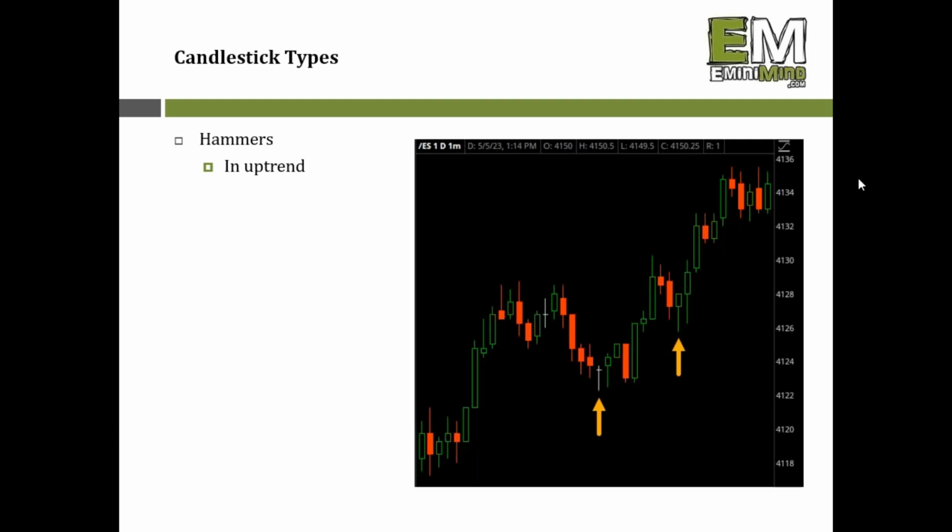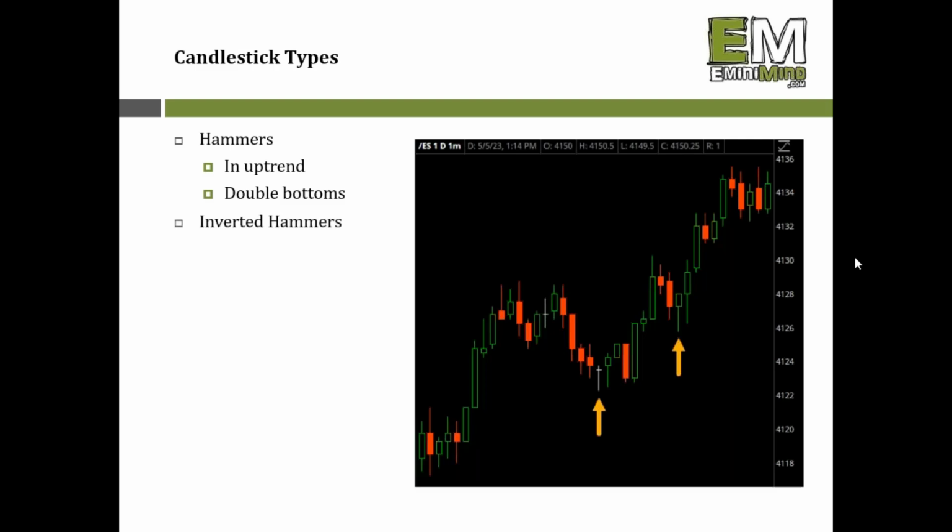You want to be, just as Price was saying in the last presentation, going with the trend. And so looking for things like double bottoms, uptrends, the context of the bigger picture before you start looking for those hammer patterns is where you want to start.